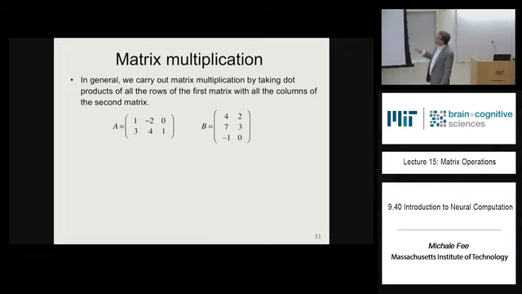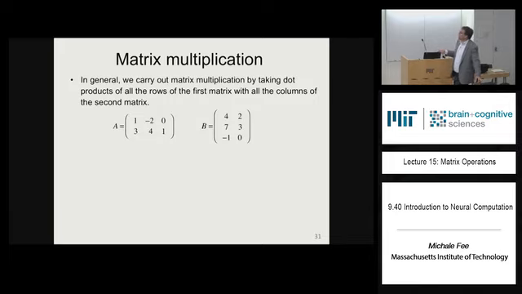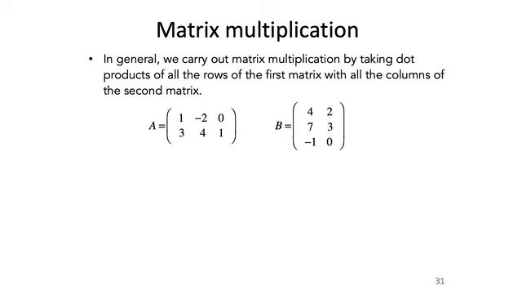Let me just remind you in general about matrix multiplication. We can write down the product of 2 matrices, and we do that multiplication by taking the dot product of each row in the first matrix with each column in the second matrix.